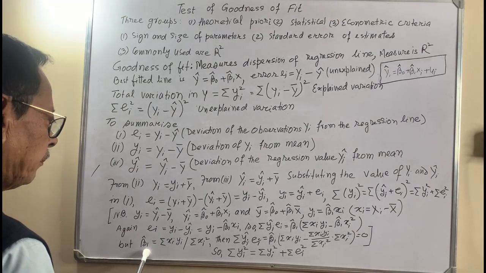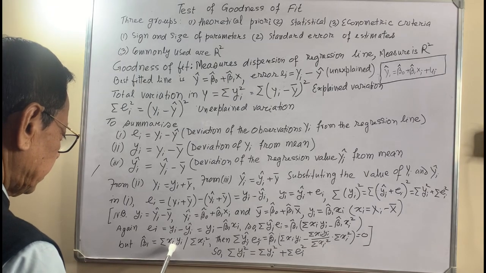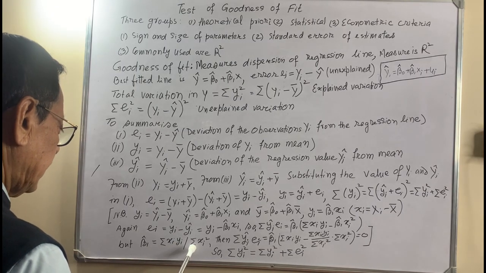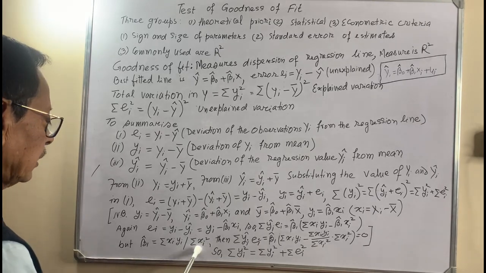But beta 1 estimated, we know, is summation x_i y_i divided by summation x_i square. We have got it in the two normal equations.